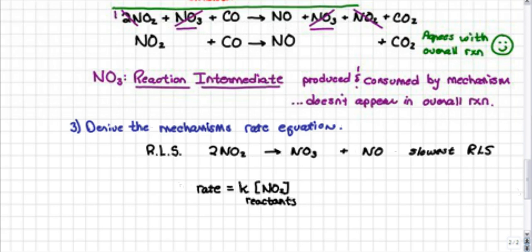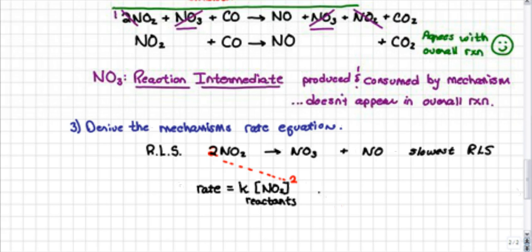For elementary reactions, it is possible to use the coefficient that stands out before the reactant as the exponent in the rate equation. And so the rate equation, as predicted by the mechanism, refers to the rate-limiting step, which I've outlined for you here, and uses the concentrations of the reactants, in this case a single reactant, NO2, and we raise it to the second power, because there's a coefficient of 2 out in front of the NO2.